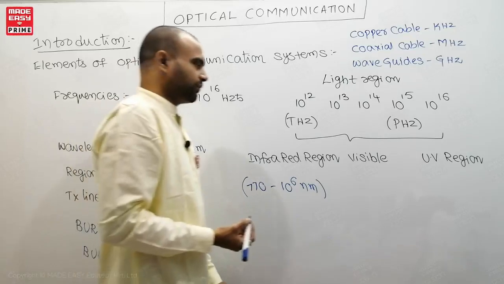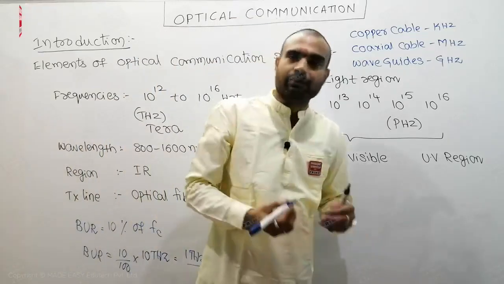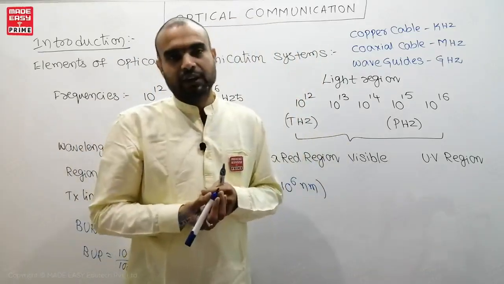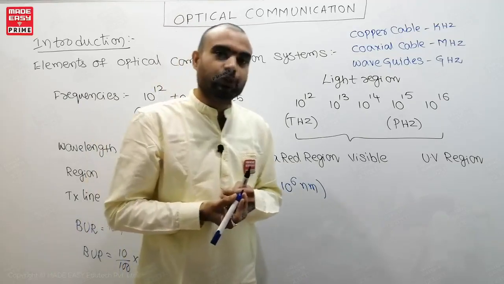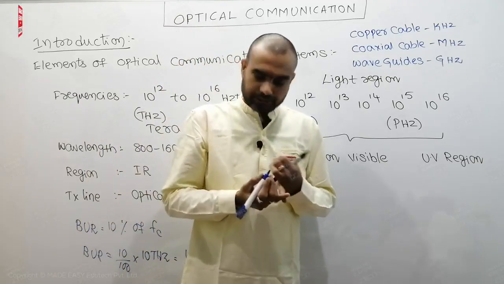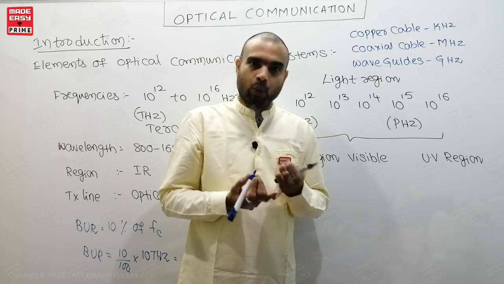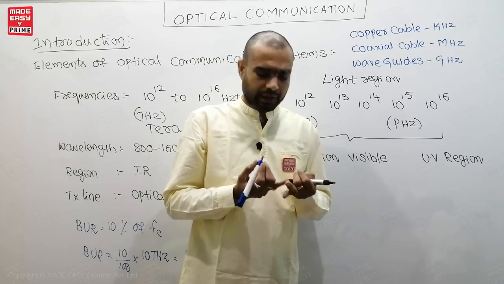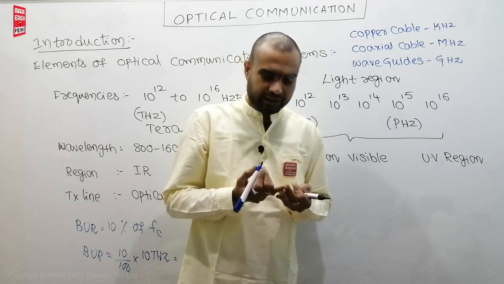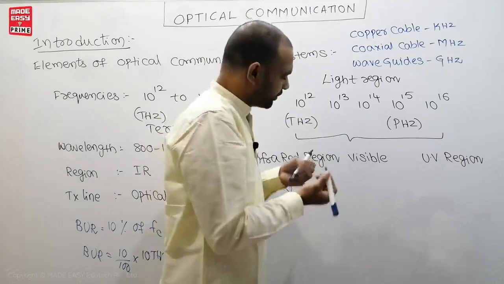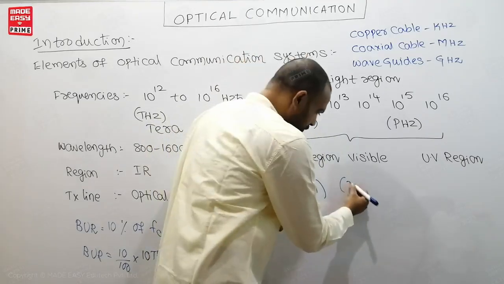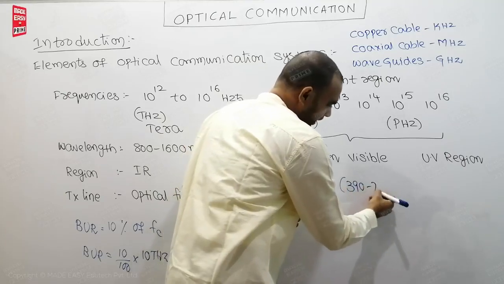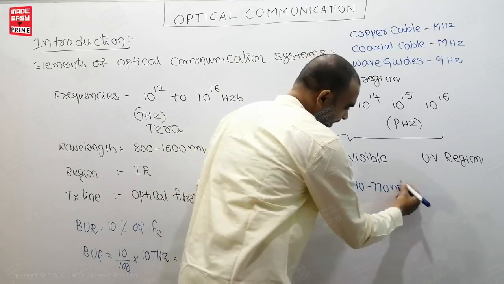Visible light is the light to which human eyes respond, like rainbow colors: violet, indigo, blue, green, yellow, orange, and red. The visible light has a wavelength from 390 to 770 nanometers.